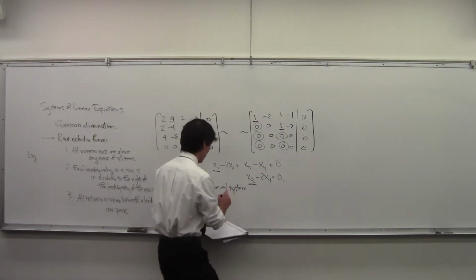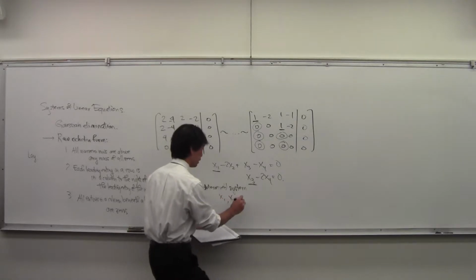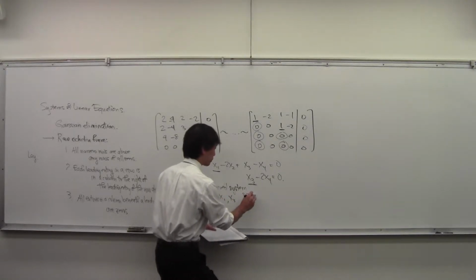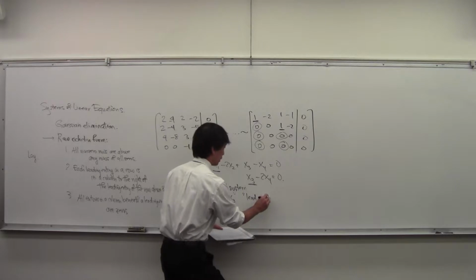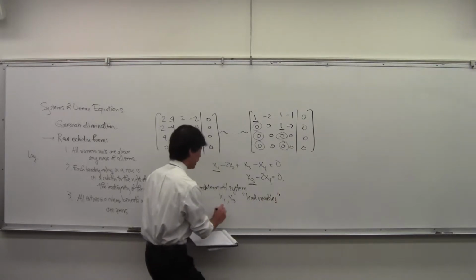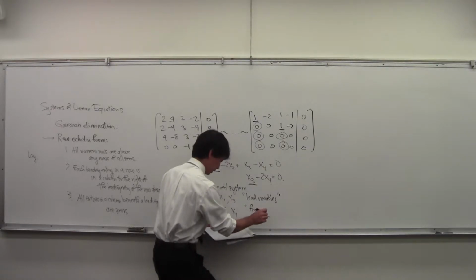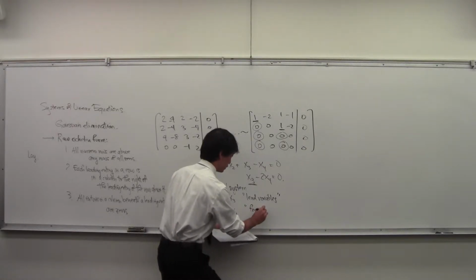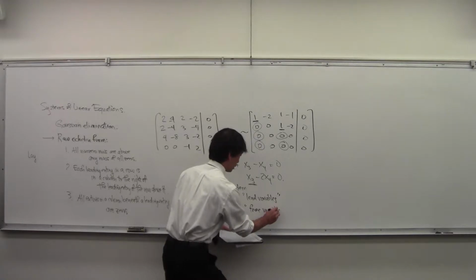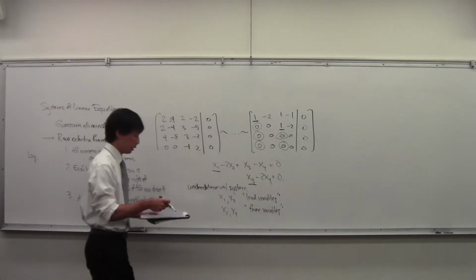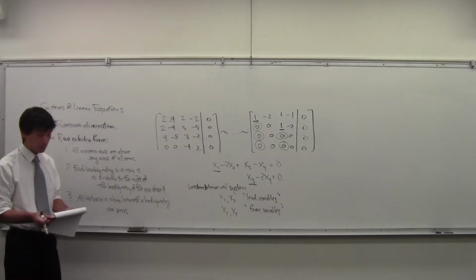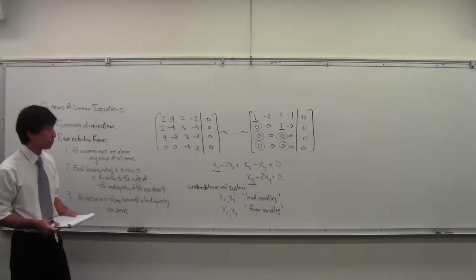So x1 and x3 are called the lead variables, and the other ones, x2 and x4, are called the free variables.